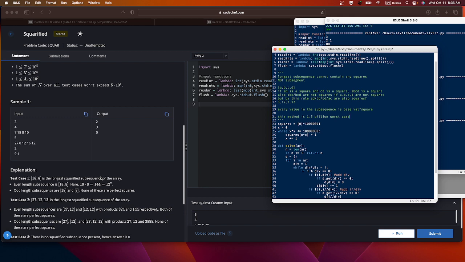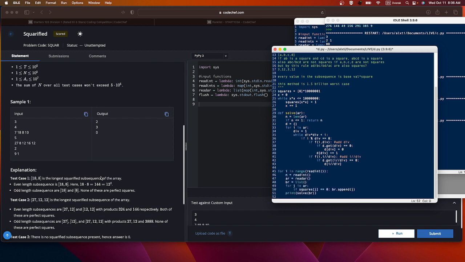We need a better idea here. We're close, but actually, wait, is it 1.5 billion in the worst case?